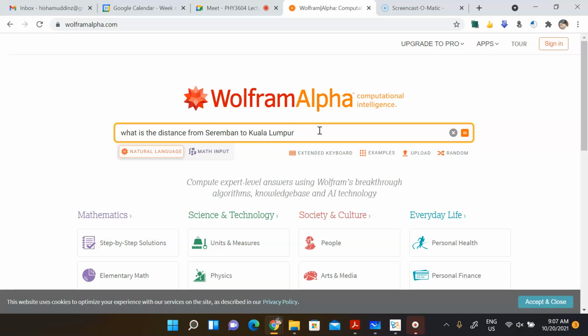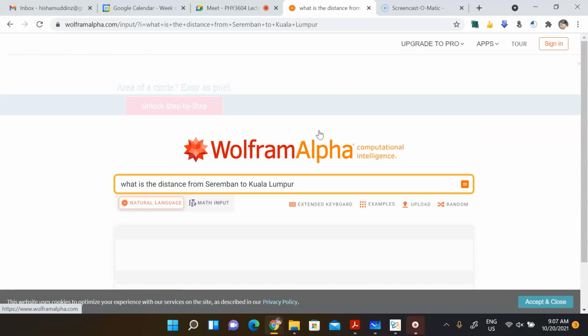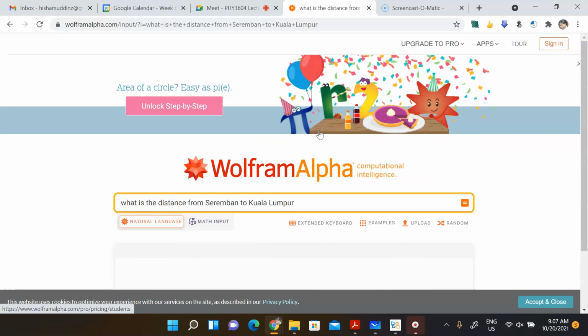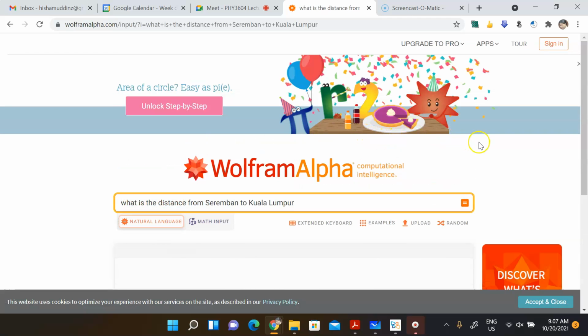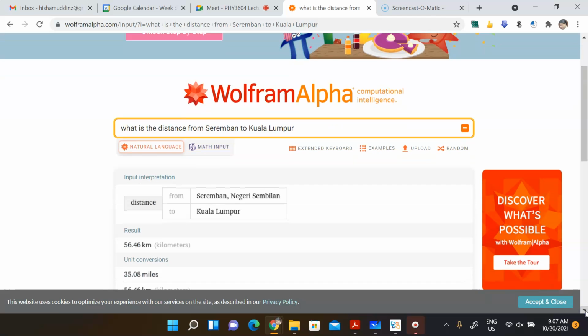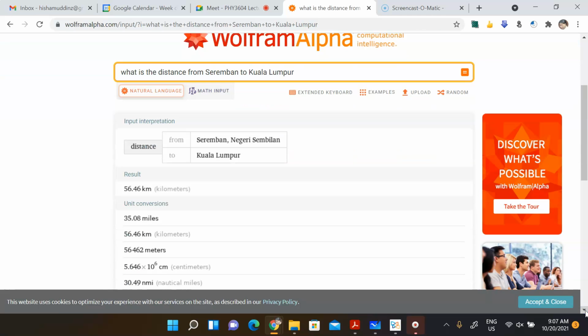So it has to process that question using AI. It's calculating now, trying to find the answer. And you'll find the distance from Seremban, Negeri Sembilan is 56.46 kilometers.